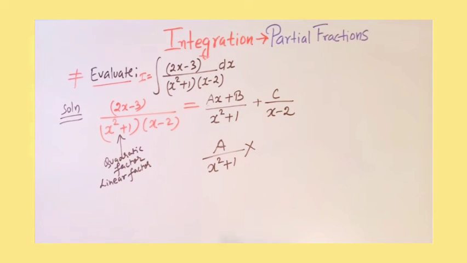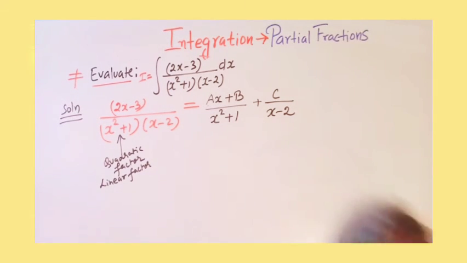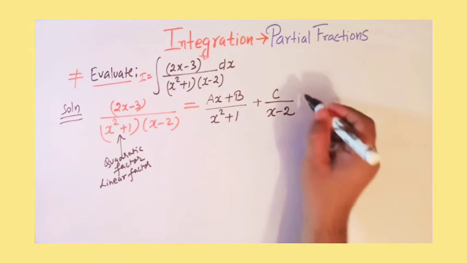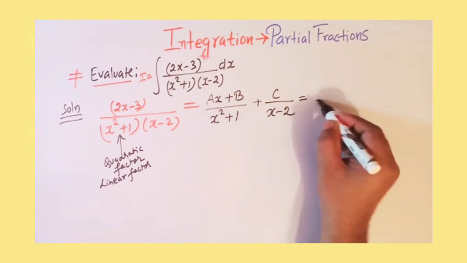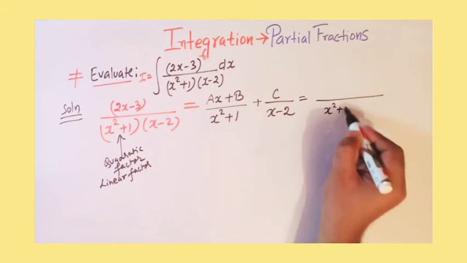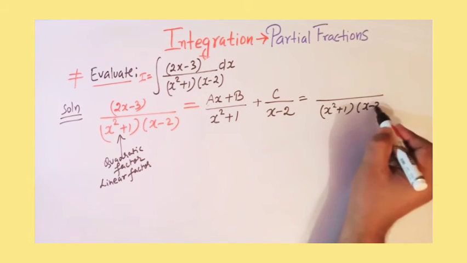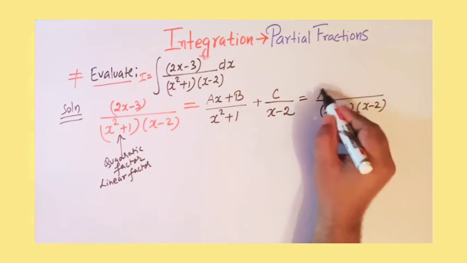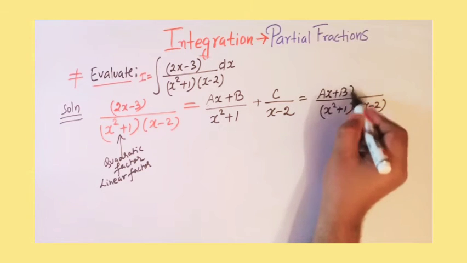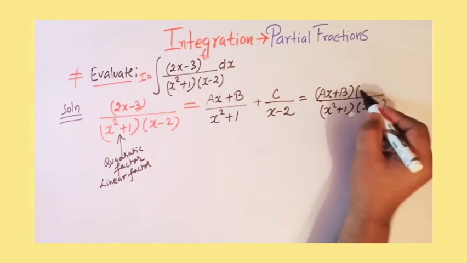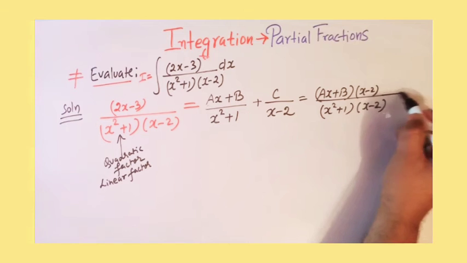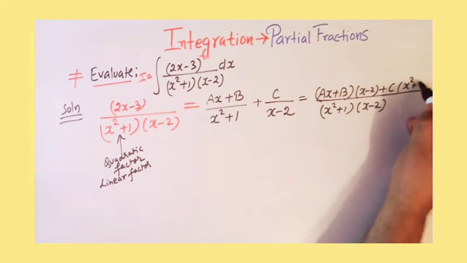Clear? Okay. Now we'll take the LCM, and we have here (x square plus 1)(x minus 2). Now we have (ax plus b) times (x minus 2), and then we have c times (x square plus 1).